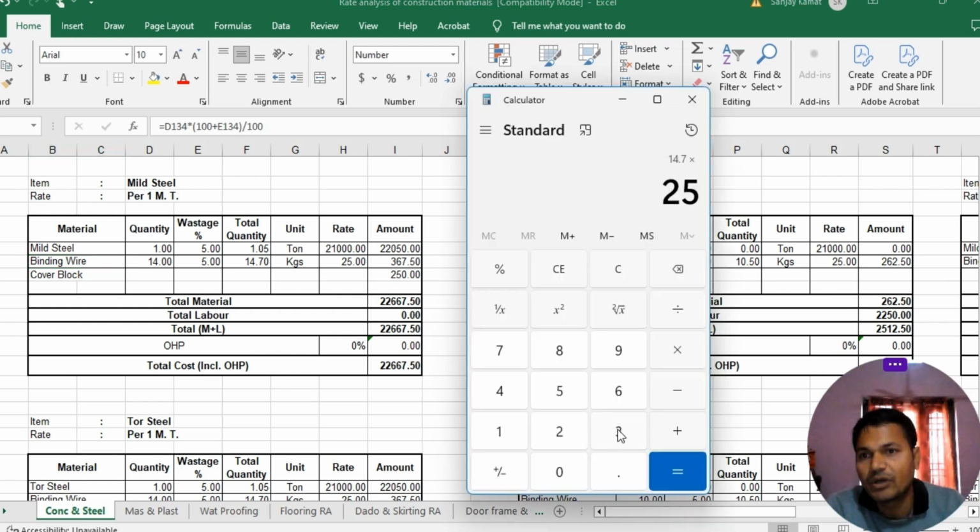So your rate is how much? 25. So we multiply with 25. How much is it coming? 250, it is.